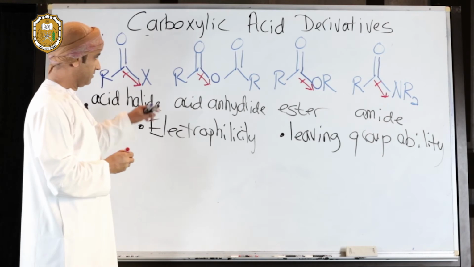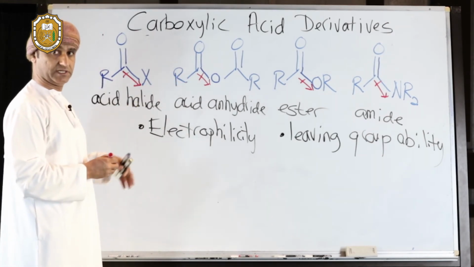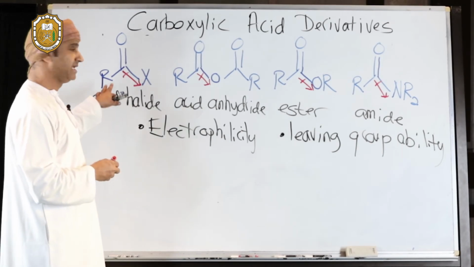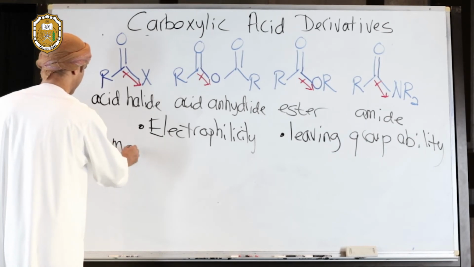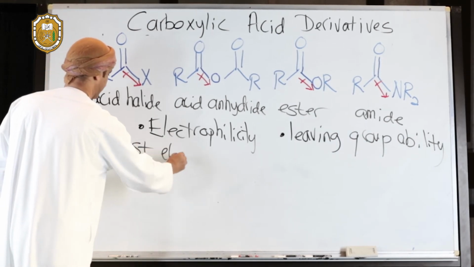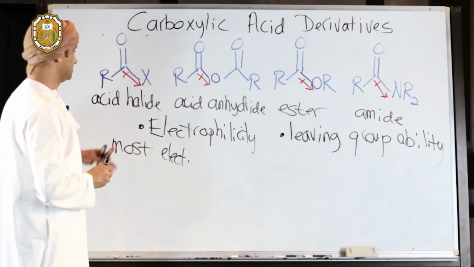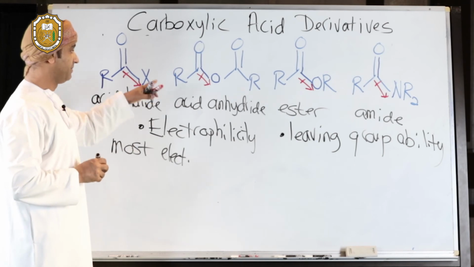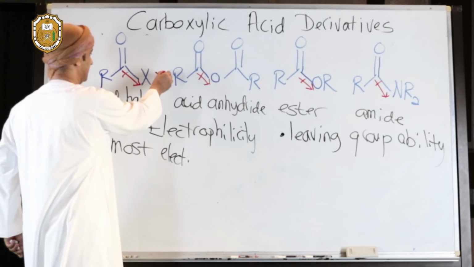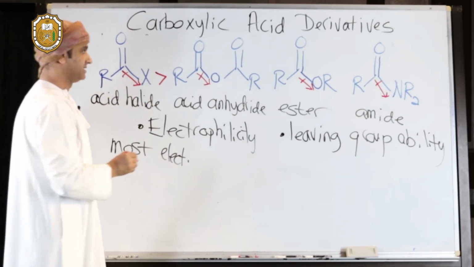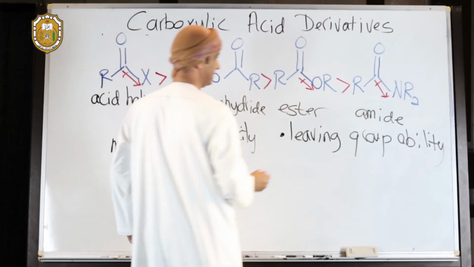So without going into details, acid halides are the most electrophilic. The most electrophilic carboxylic acid derivatives are acid halides in general, followed by acid anhydrides, followed by esters, and last amides.